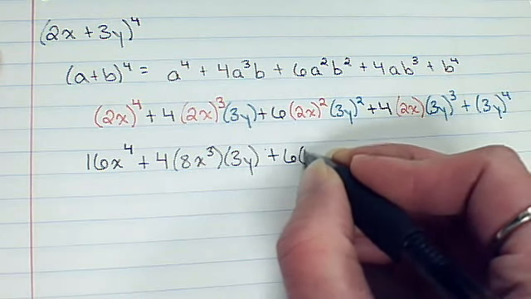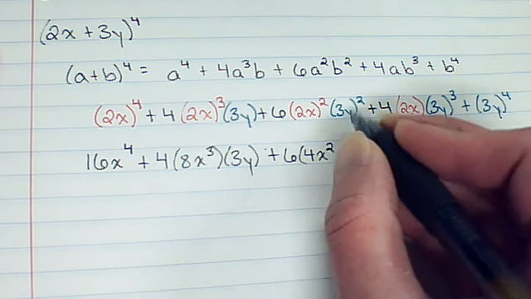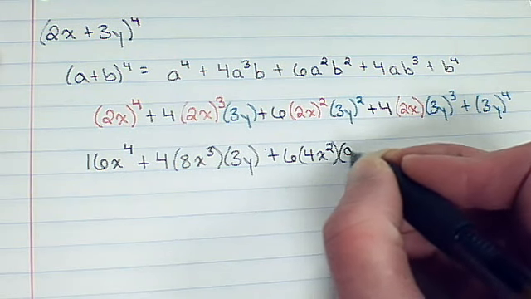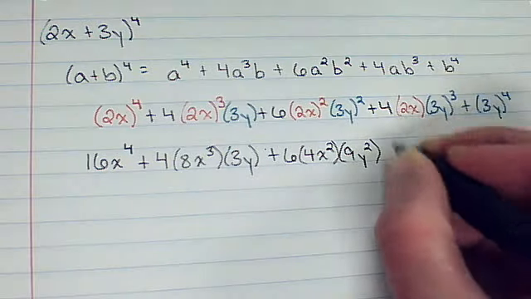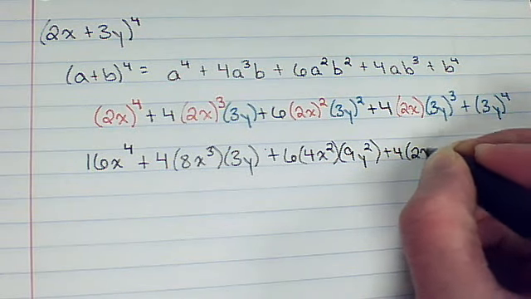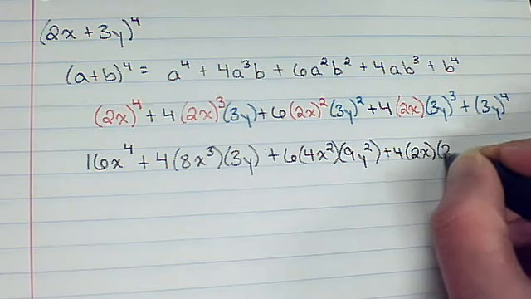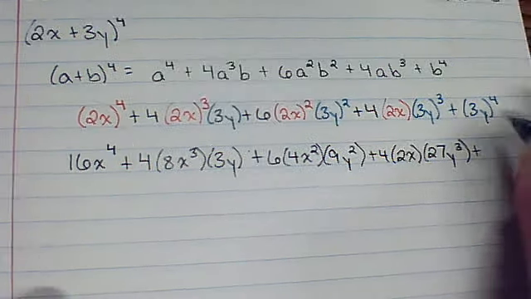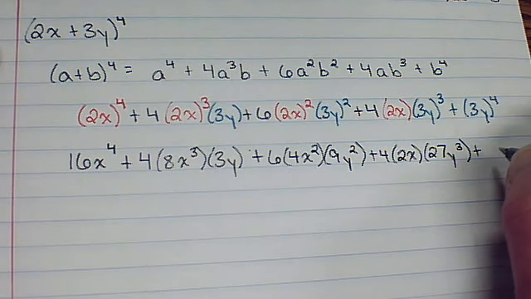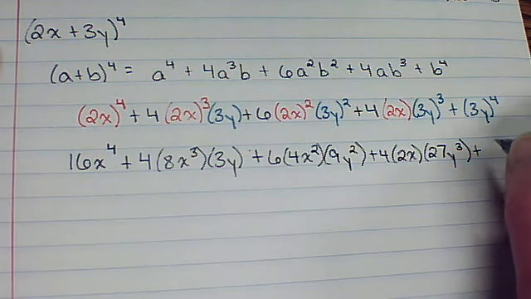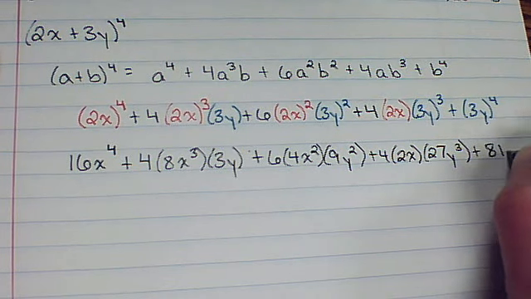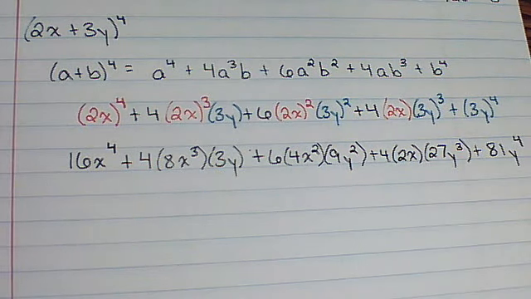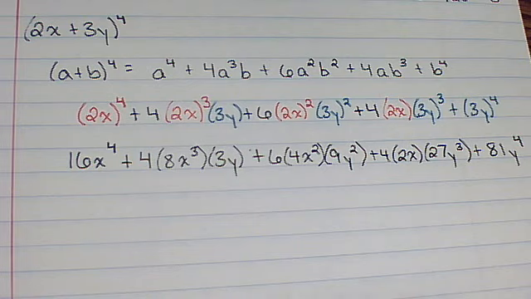2x squared. 2 squared is 4, and then we have x squared. 3 squared is 9, and then we have y squared. 2x. 3 cubed is 27. 3 to the 4th. Well, 3 times 3 is 9. 9 times 9 is 81. Y to the 4th. Now, I just need to do a little bit of arithmetic, and we are done.